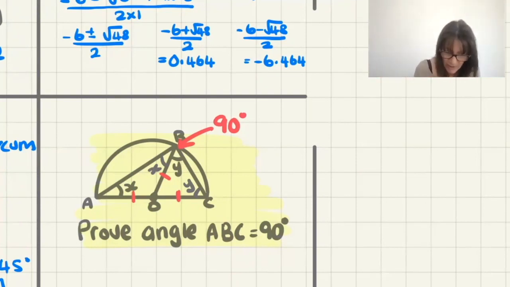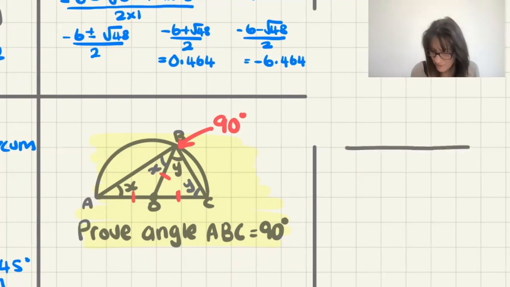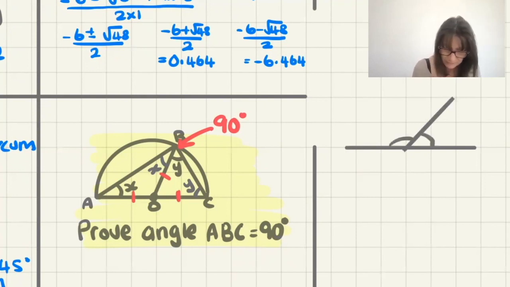Okay, we're going to have a quick look at it transposed out, if you like. So we've got this line and this line going off, and we've got an angle and an angle. I'm looking at this angle here, which is this angle here. Now I've got an isosceles triangle.